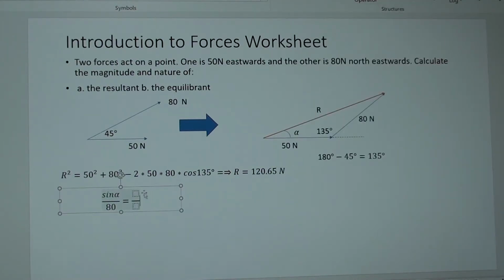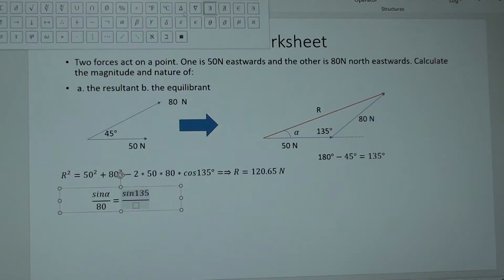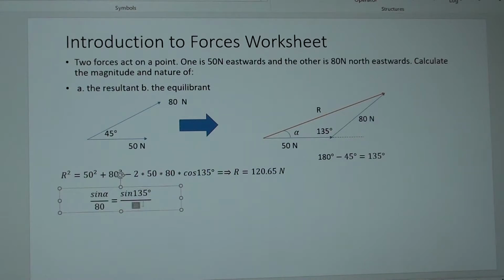Sine 135 degrees, because that's the angle we determined earlier, divided by the resultant force, because opposite to this angle is R, therefore the value 120.65 newtons.